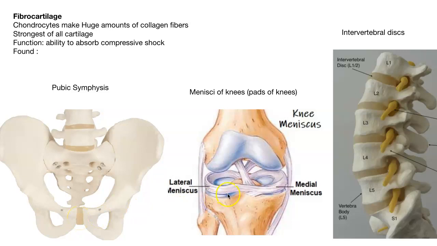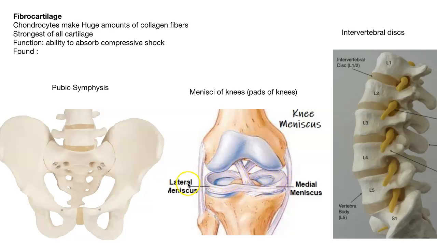You also see it in the menisci of your knee. The knee is under tremendous pressure when you're jumping up and down. The knee is absorbing a lot of shock. Here's a bone here. Here's a bone down here. They're covered in hyaline cartilage. But within the knee, they're going to have an extra pad. And this pad is fibrocartilage.